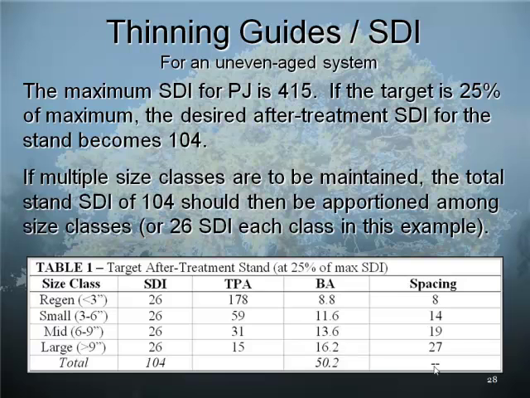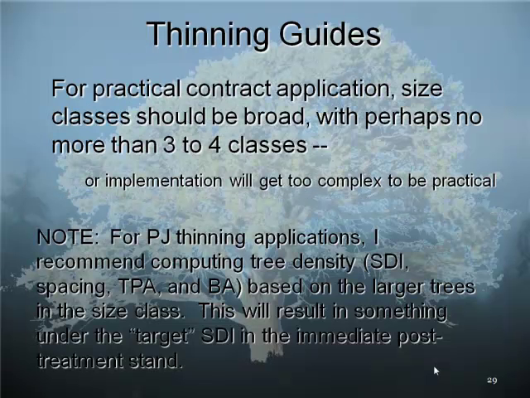So it's actually a little bit more conservative, because I'd rather over thin in a Pinyon-Juniper type than under thin. And if I was in ponderosa pine or sawtimber class trees, I might look at that a little differently. So that's what that note is referring to there.